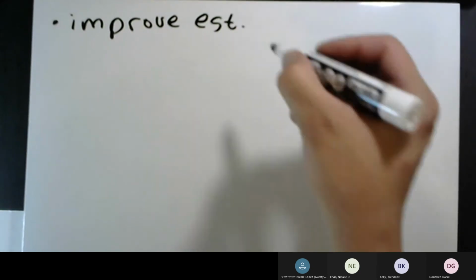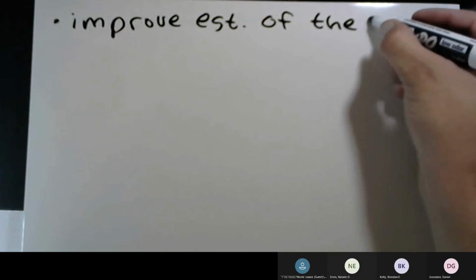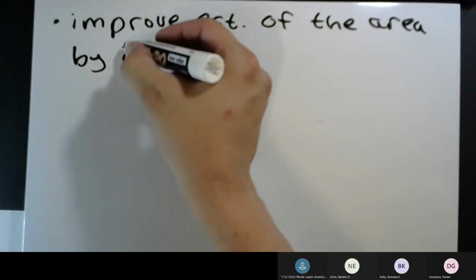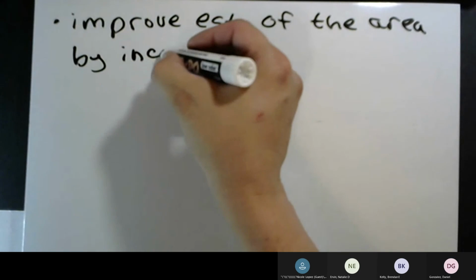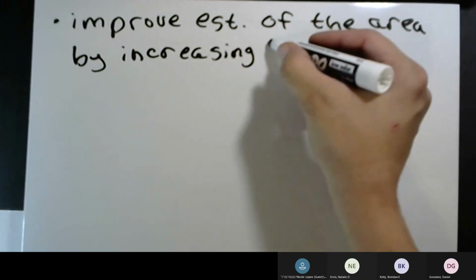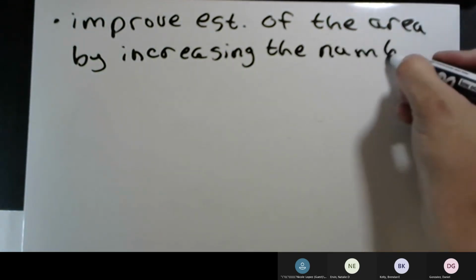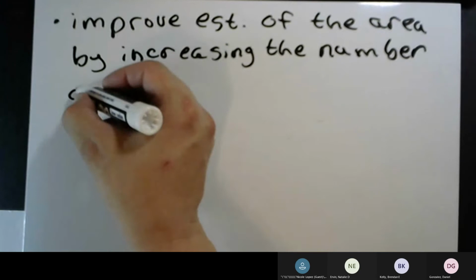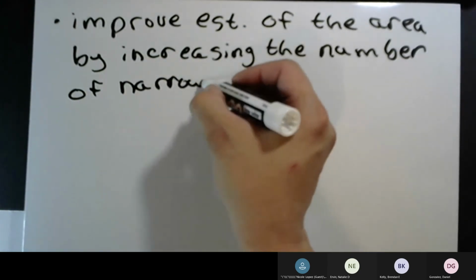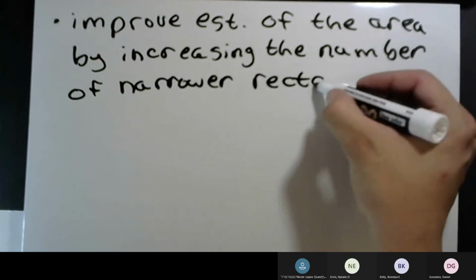We can improve our estimate of the area by increasing the number of narrower rectangles.